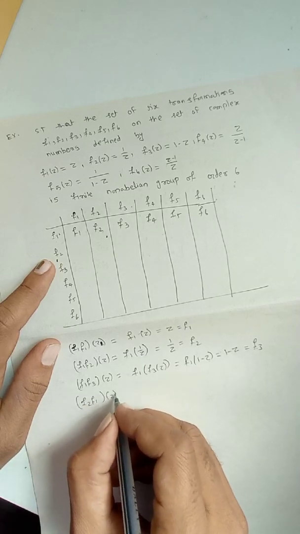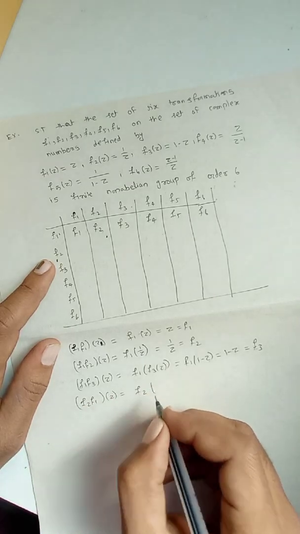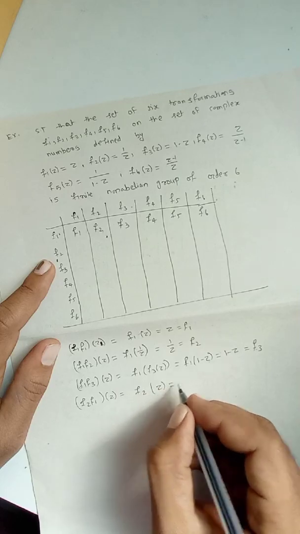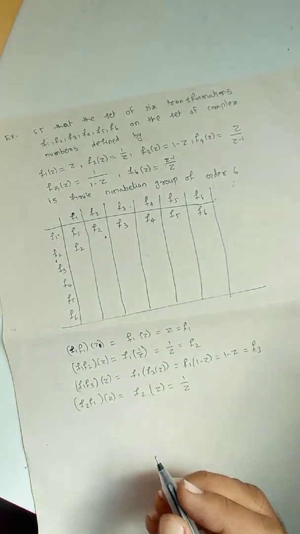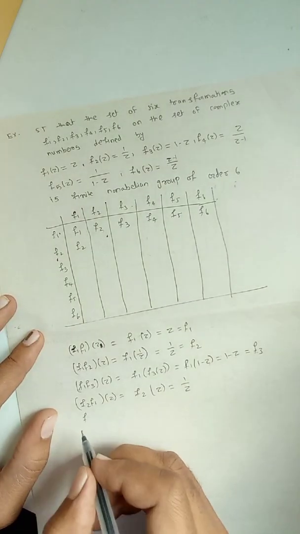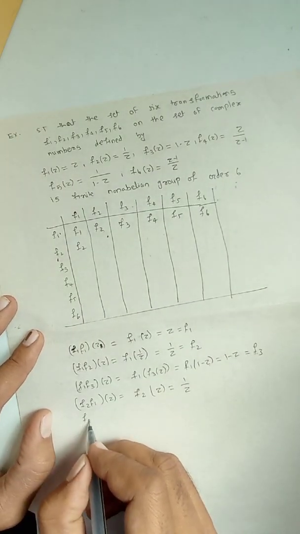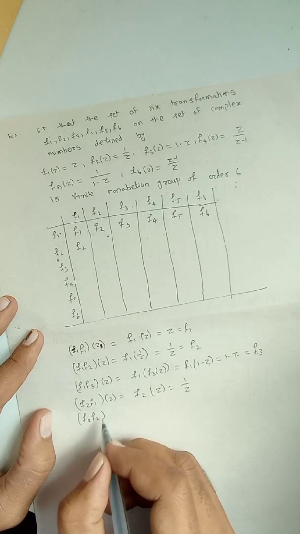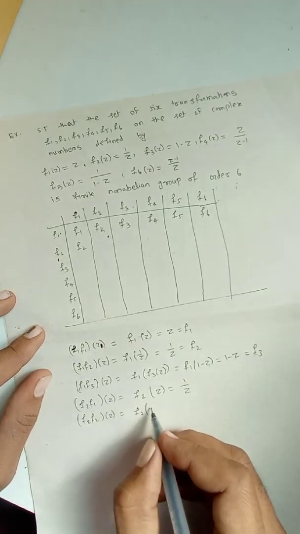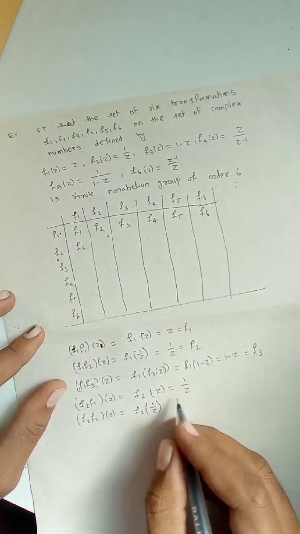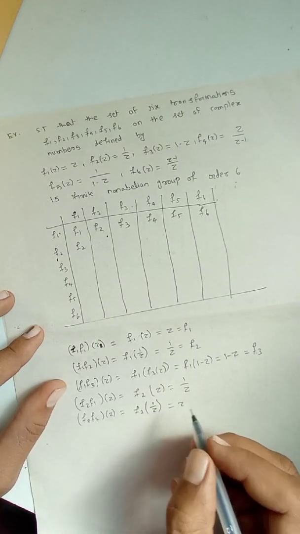f2 f1 of z is equal to f2 of f1 of z, which is f2 of z, so it is equal to 1 by z, which is f2 as it is. Now f2 f2 of z is f2 of 1 by z, which is z, so it is equal to f1.